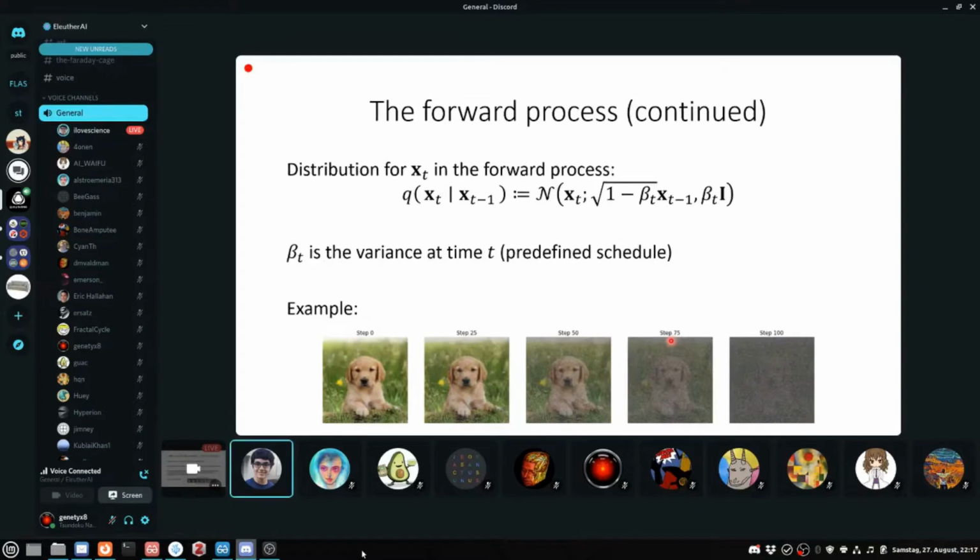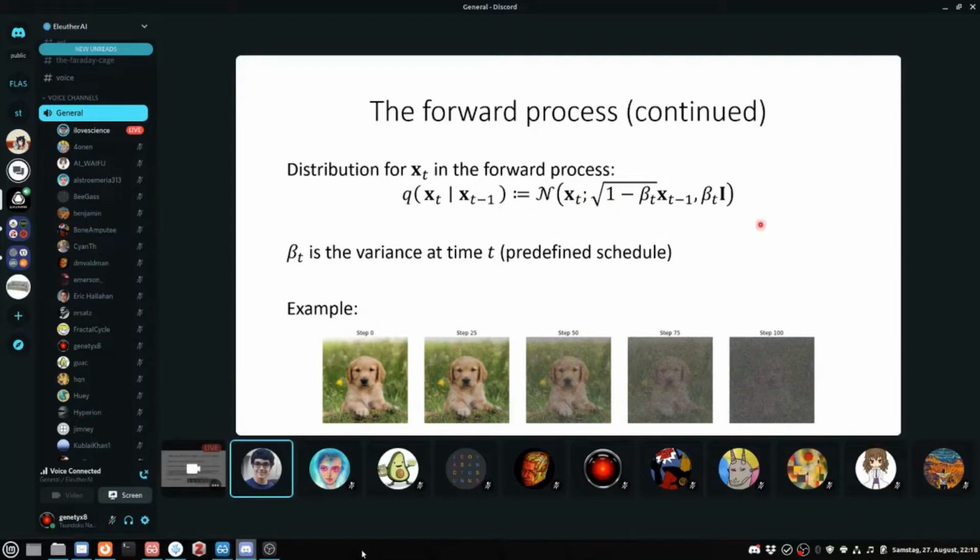In terms of the forward process, we have a distribution that we can define and sample from to produce the next time step. As you can see, it's just dependent on the previous time step, which is why it's a Markov chain. In this case, this is just a simple Gaussian distribution, so it's pretty trivial to sample from.